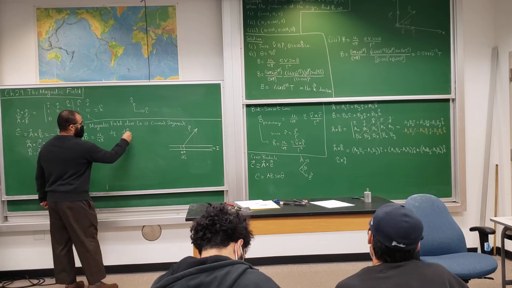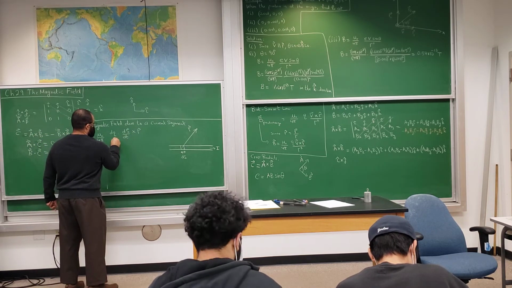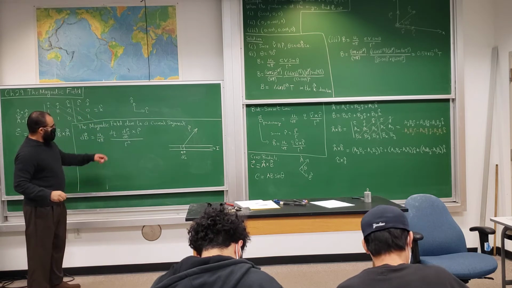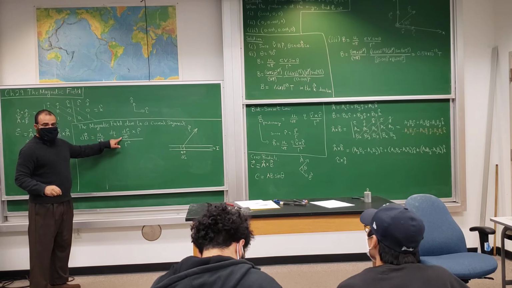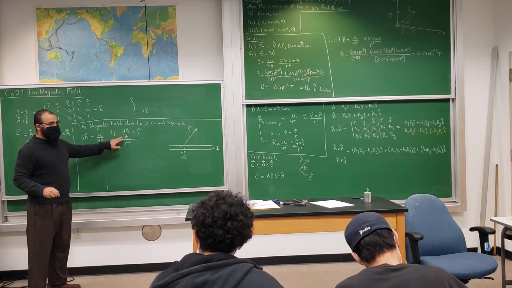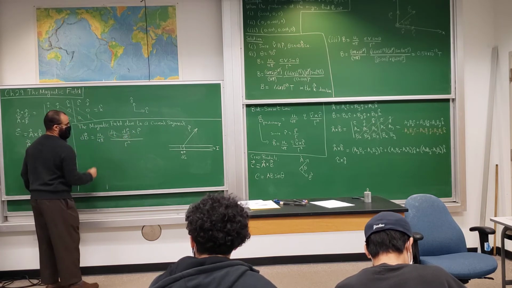And then cross product with r hat, divided by the distance squared, which is r squared. So I'm going to divide the q by the dt, not the ds by the dt, and I get dq dt. What is dq dt?